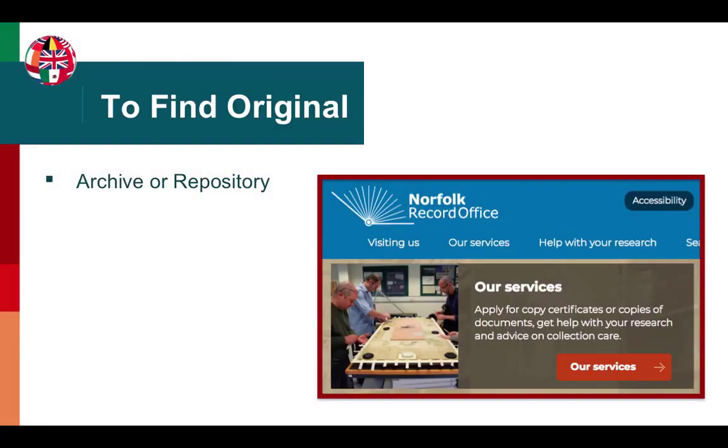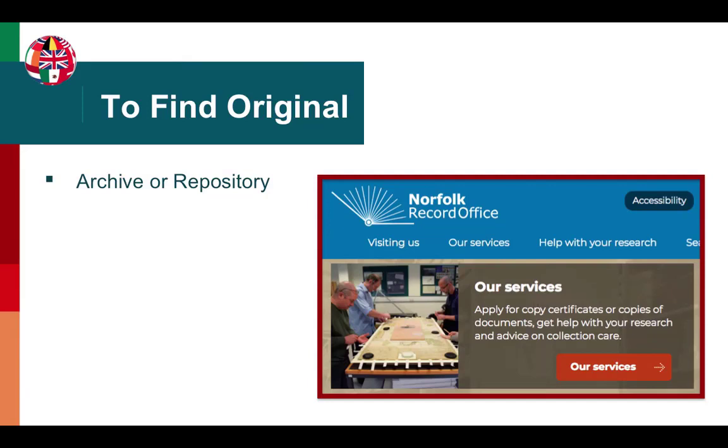All right, so finally, if you cannot find the record that you are looking for on online websites, and you've checked the Family History Library and they don't have the film that you need, then you can go to archives and repositories within your region and search quite often on their card catalogs, on their websites, and you can see what collections they hold.